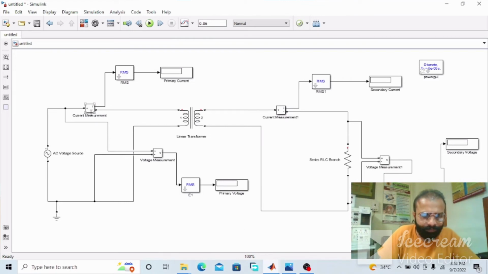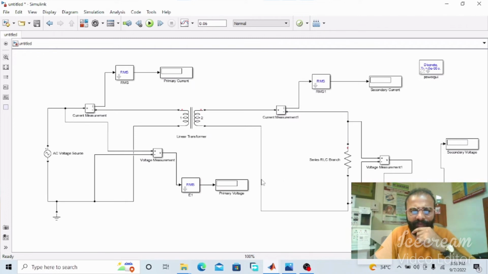Now this ammeter gives us the primary current of the transformer, and this gives us the primary voltage E1. This will give us the secondary current of the transformer, and this will give us the secondary voltage of the transformer by this voltmeter, which is connected in parallel across the secondary side of the transformer.